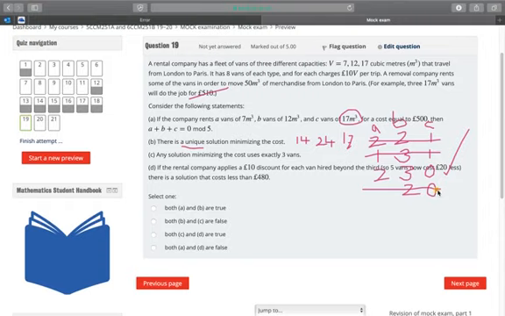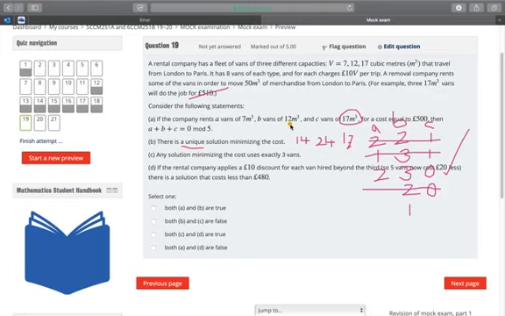Maybe, let's see, I don't know if I did them all. Did I, for C is 1? Maybe I did B is 1. Don't have any B is equal to 1 here, so let's try B is equal to 1. That's a 12.